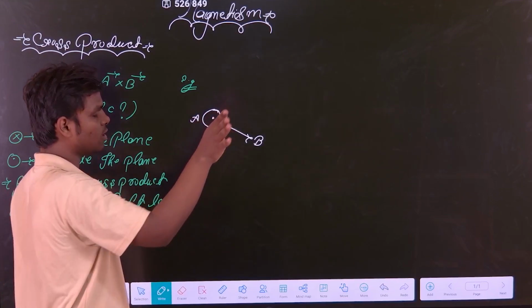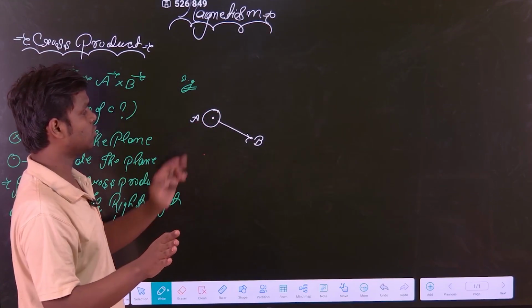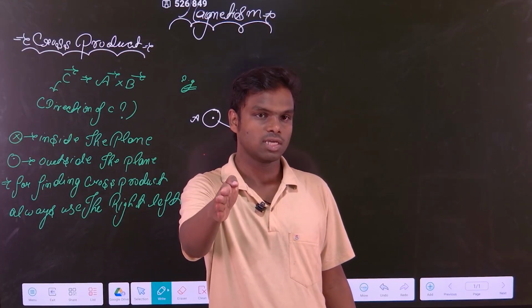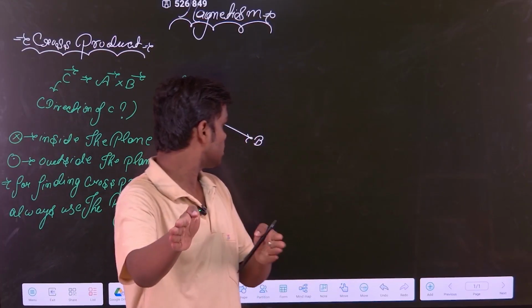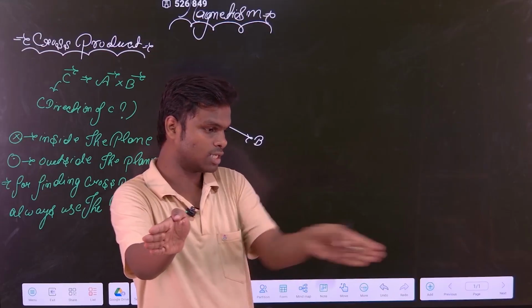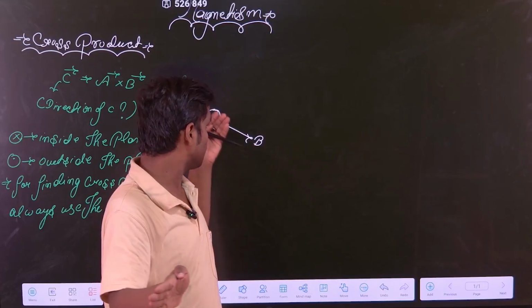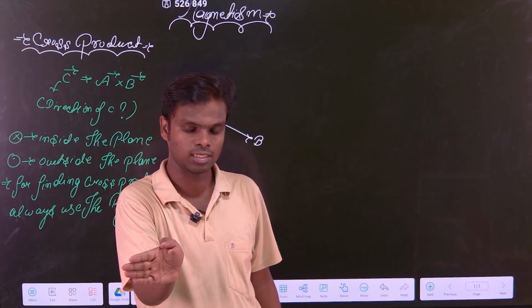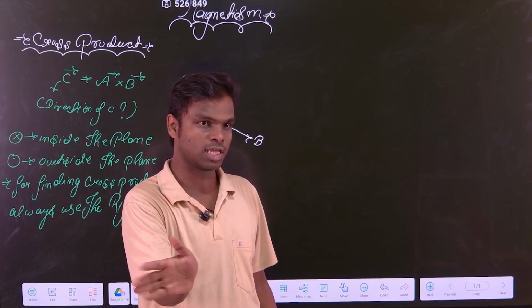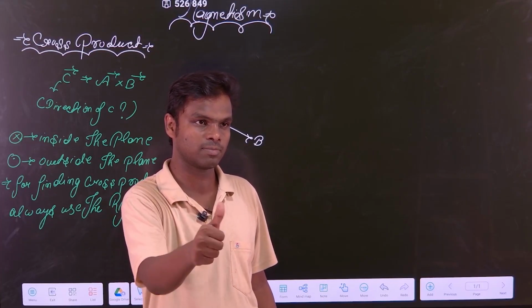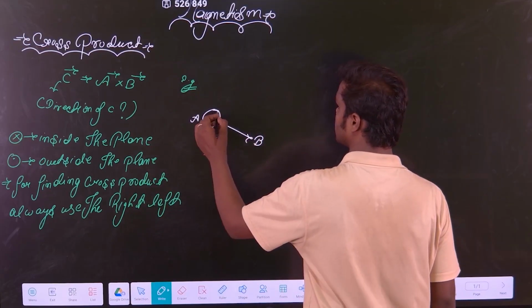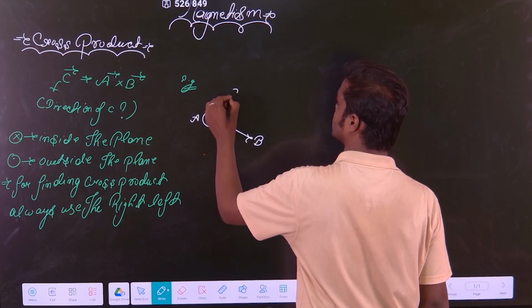A is outward, so I keep my hand outward. Then curl in the direction of B, which is in this direction. What is the direction of the thumb? The thumb is upward, like this. So my C vector will be like this, correct?